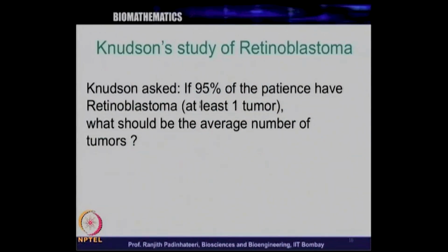He found that 95% of the people that came to this hospital had at least one tumor. That means they had some retinoblastoma, some cancer, at least one tumor, one growth in either of the eyes, at least one tumor in total. If this is the case, what should be the average number of tumors? Should you have 3 tumors, 4 tumors, 5 tumors, or only just one tumor?